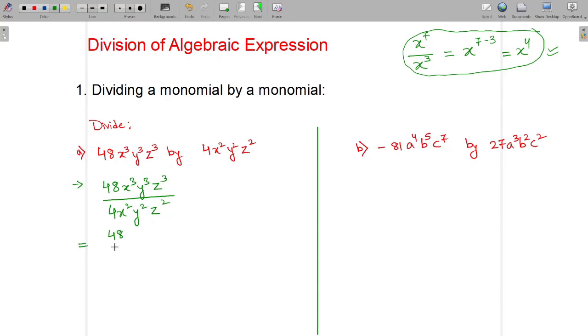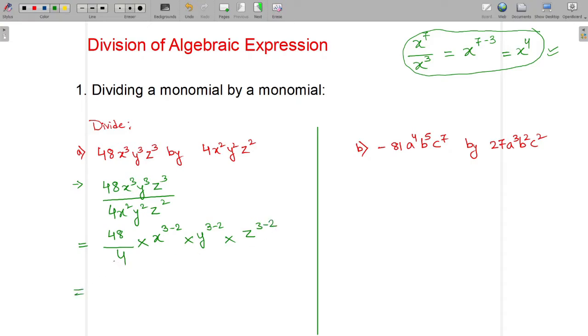So it's 48 by 4 into x cube divided by x square, so it will become x to the power 3 minus 2, into y cube divided by y square, so it will become y to the power 3 minus 2, into z, see, z getting divided, so the power will get subtracted, so it will become z to the power 3 minus 2.